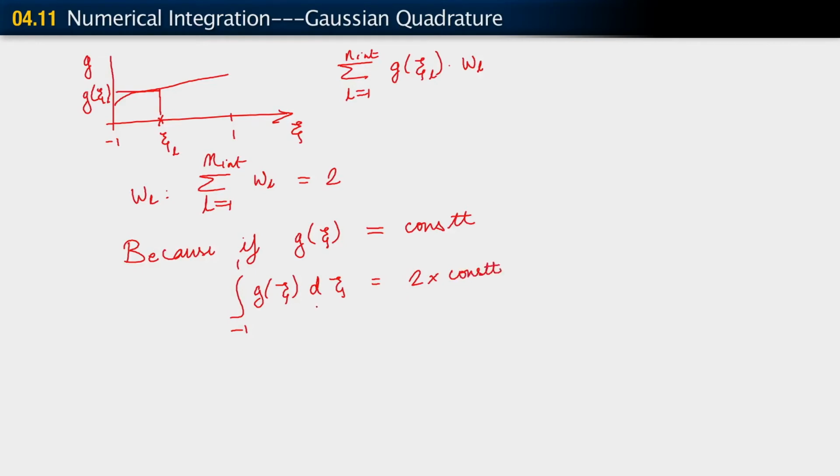This is satisfied automatically when we sum over L, g of xi L times W L, if g is a constant and this rule for the W Ls is satisfied, we get back twice the constant. So we ensure that at the very least we can integrate constants exactly.